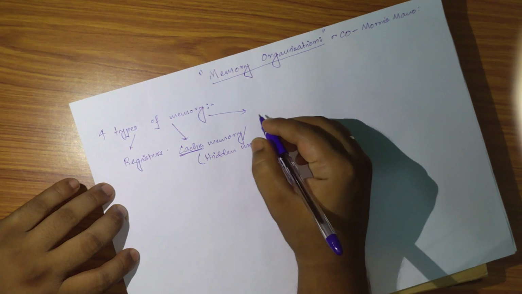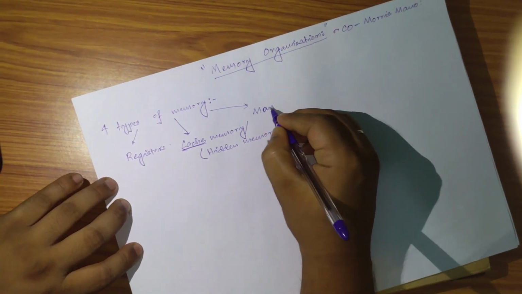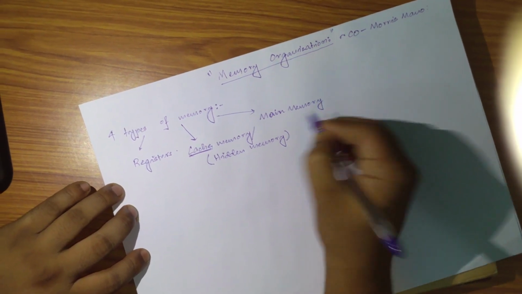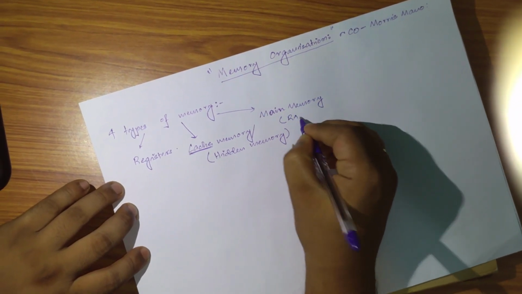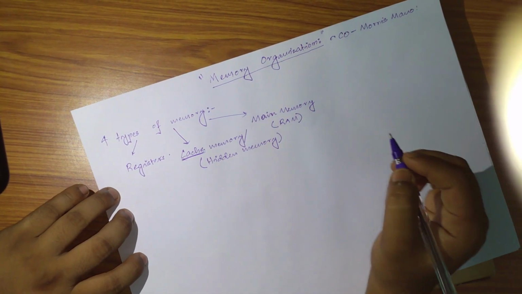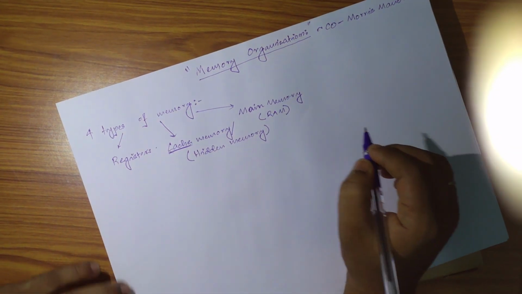Finally, everybody knows that we obviously have the main memory, which is generally the RAM, random access memory, and it is generally made up of DRAMs, which are capacitors.